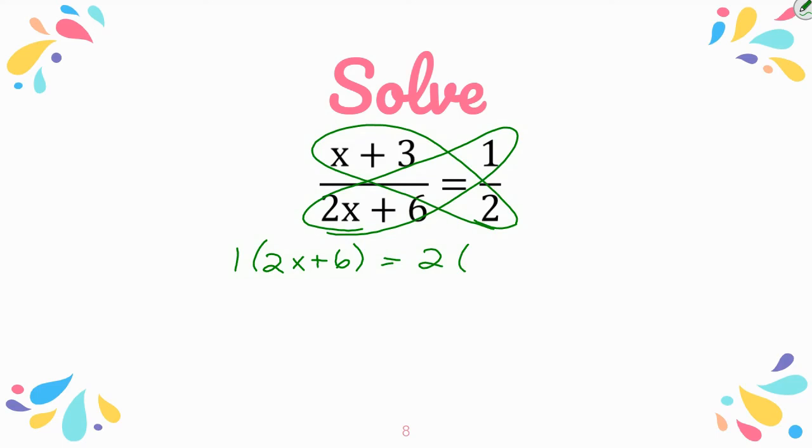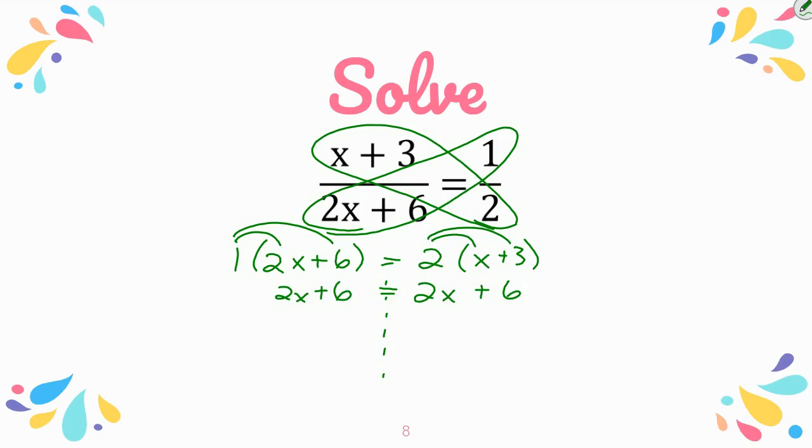Equals 2 times x plus 3. So if we distribute, 1 times 2x is 2x, 1 times 6 is 6. So we have 2x plus 6 equals 2 times x is 2x, 2 times 3 is 6, so 2x plus 6. So now we're left with 2x plus 6 equals 2x plus 6.